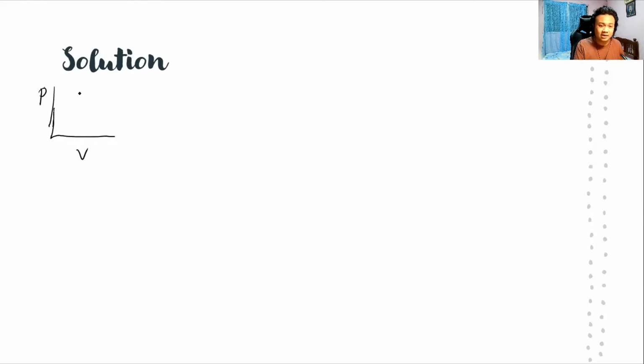Okay, for the PV diagram, for an Otto cycle, we have this. And then for TS, it looks like this. So as you can see, they are mirror images of each other.